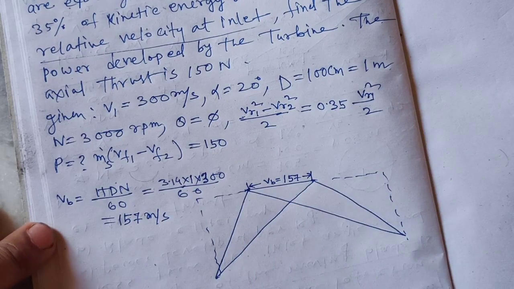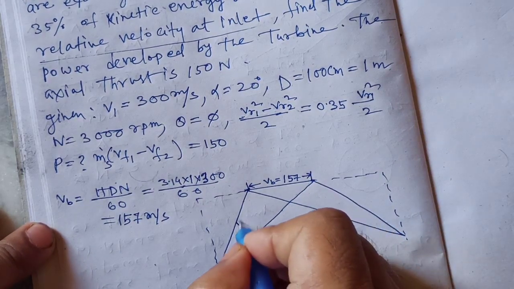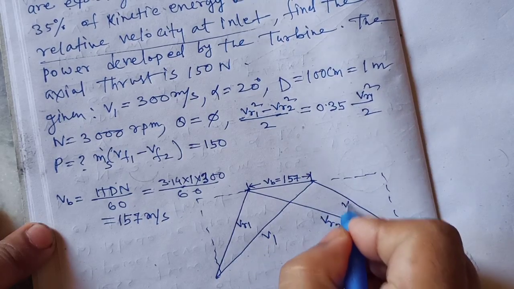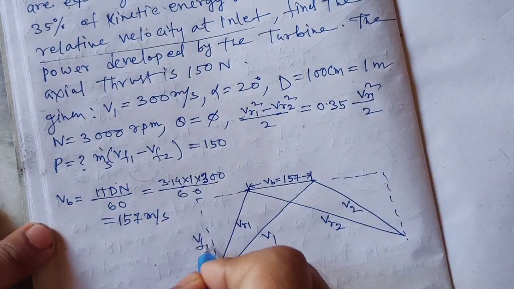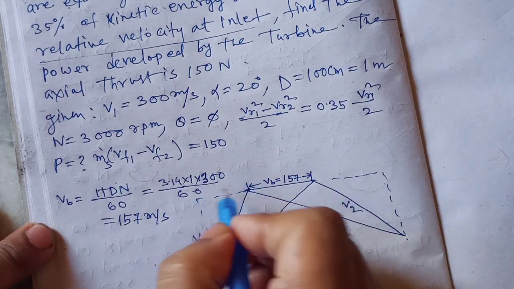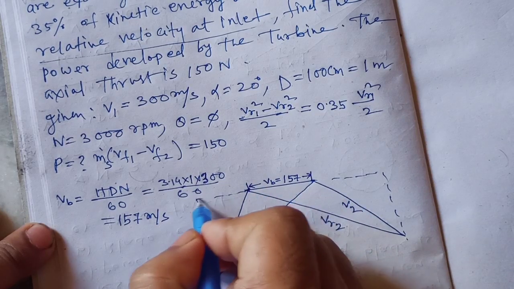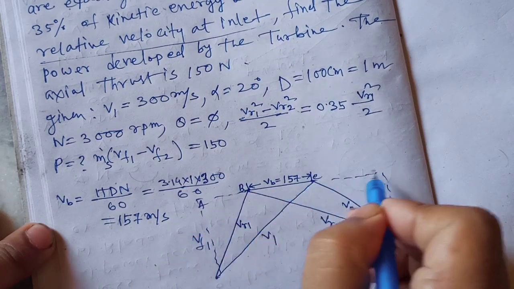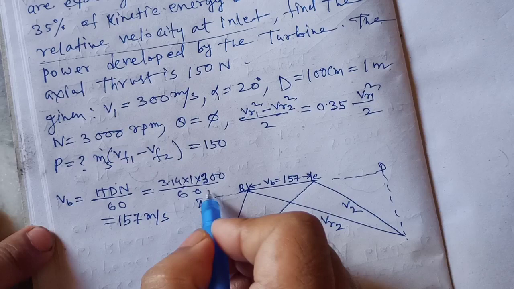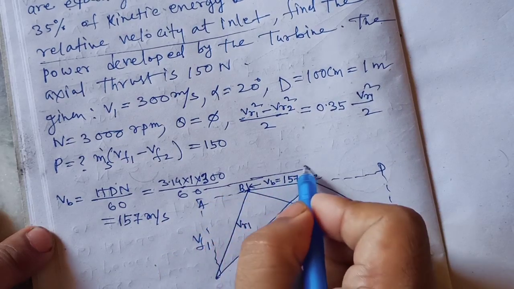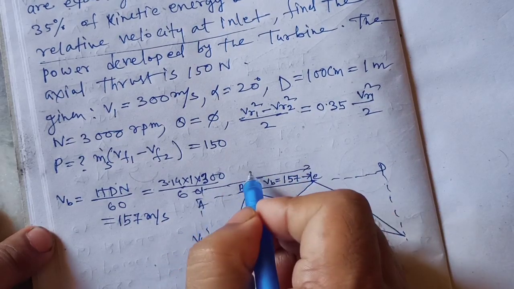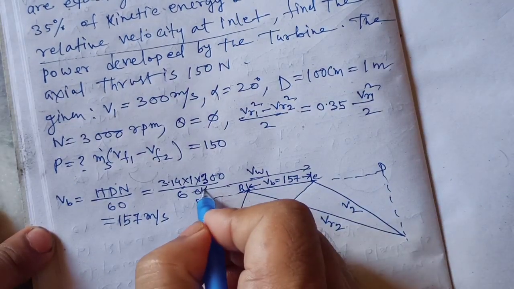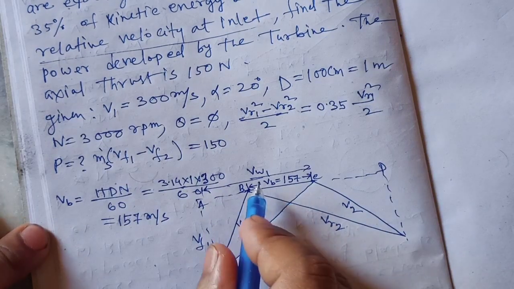Now this is V1, this is VR1, this is VR2, this is V2, this line is VF1, and this is A, B, C, and D. This distance A to C is VW1.